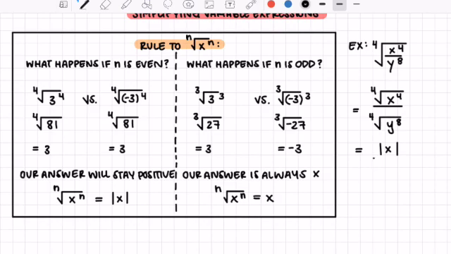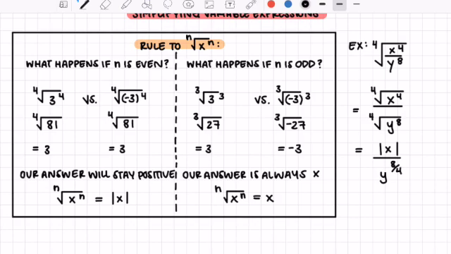Now, the easiest way to solve 4th root of y to the power of 8 is to always rewrite it into fraction format. So my fraction format is y to the power of 8 over 4.